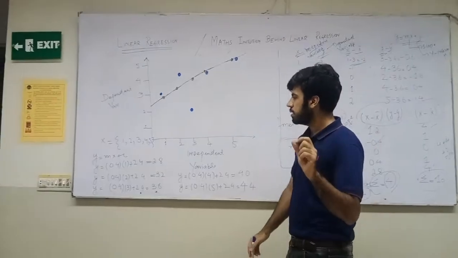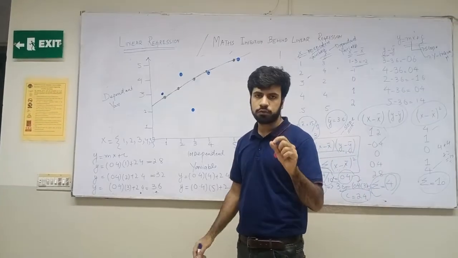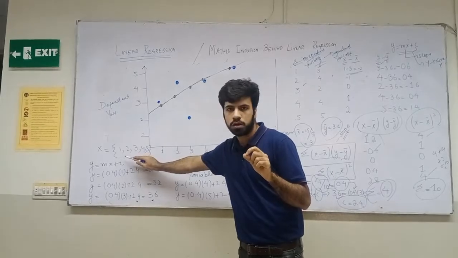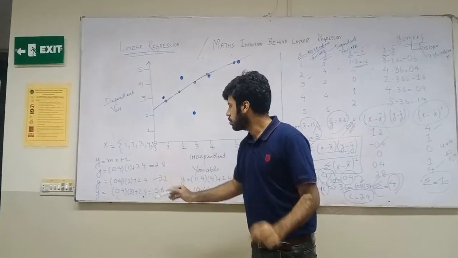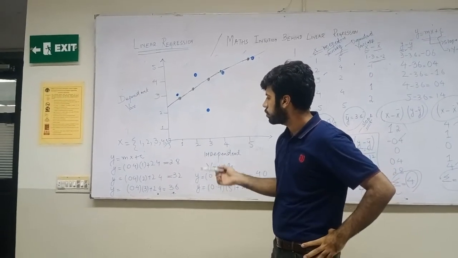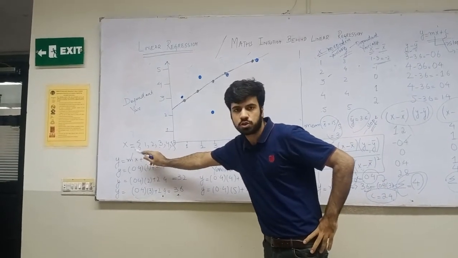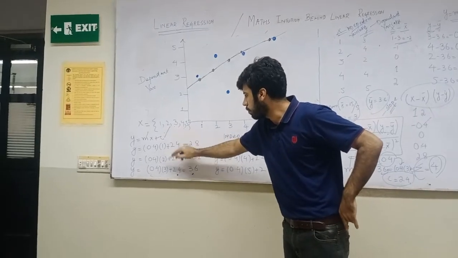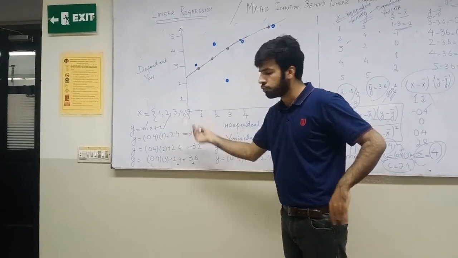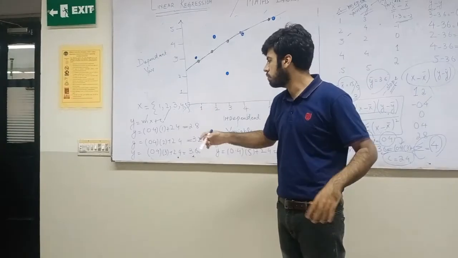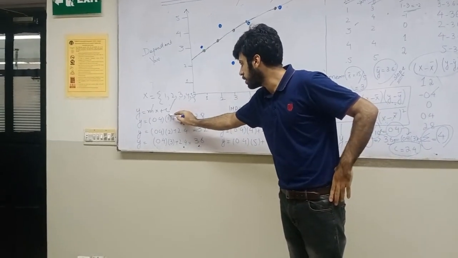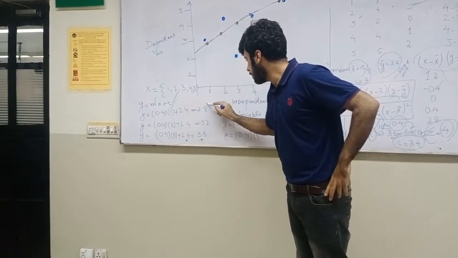So now let us calculate the predicted value of y for the values of x equal to 1, 2, 3, 4, 5. As I already calculated the slope as 0.4 and c as 2.4, to calculate the predicted value of y, I will just put in x equal to 1. I got the value of 2.8.